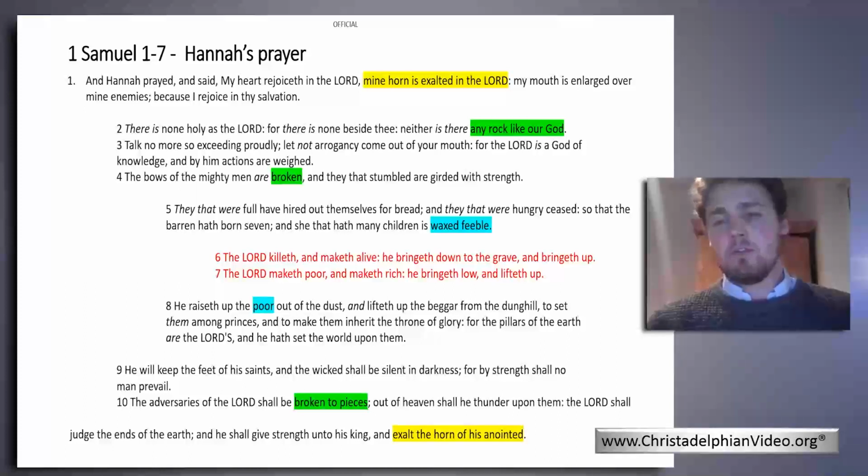The counsel of Ahithophel, who is lifted up as if it is as God, is then brought down and is destroyed and leads to his suicide, whereas Hushai's counsel is then brought up. And there are many different people and characters that experience this influence from God.